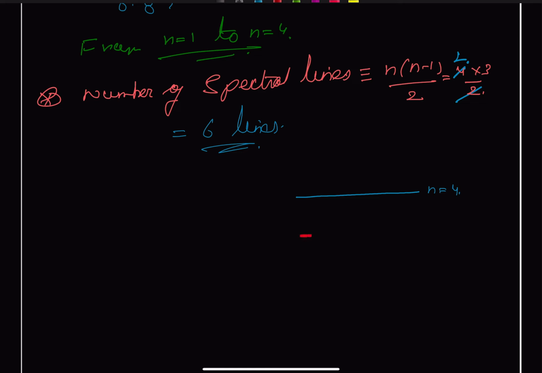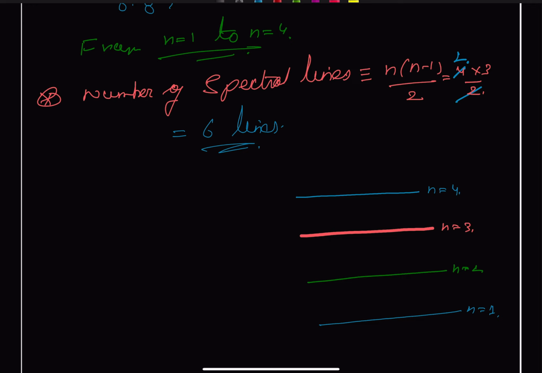Next will be our value of n is equal to 3. Next we can draw our value of n is equal to 2. And finally we have n is equal to 1. And the spectral lines are 6.